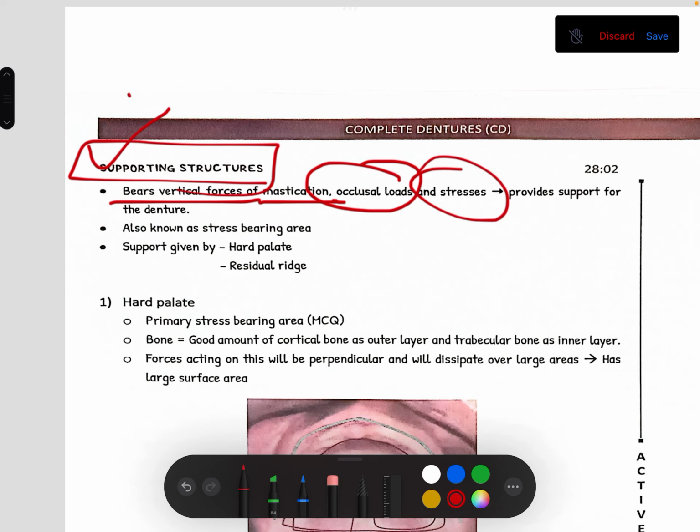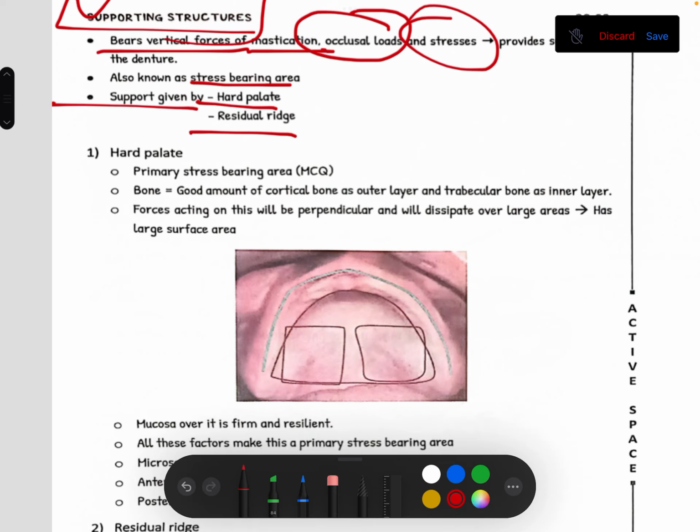So definitely it provides the support for the denture, and these are also known as the stress bearing areas. Support is obviously given by the hard palate and residual ridge. Hard palate is a primary stress bearing area, and that's an MCQ question.